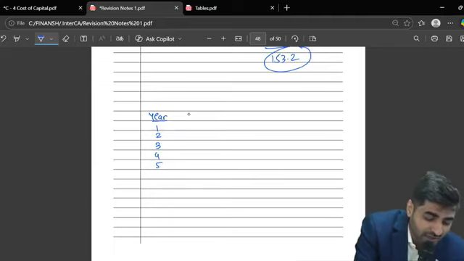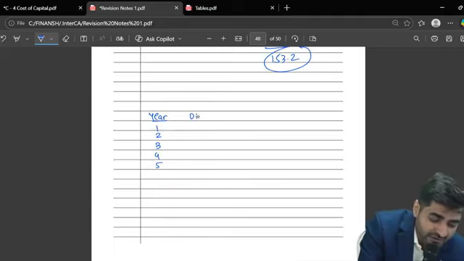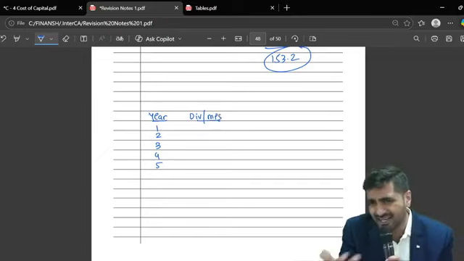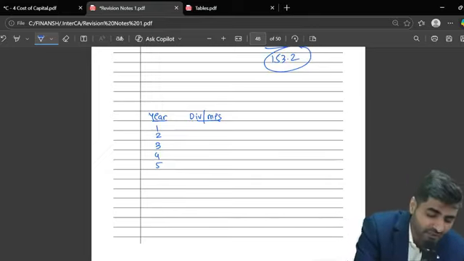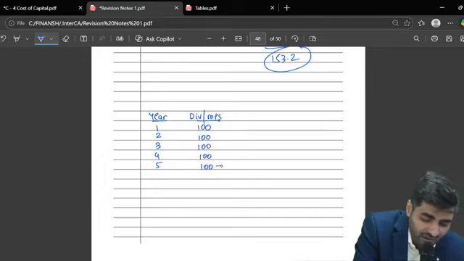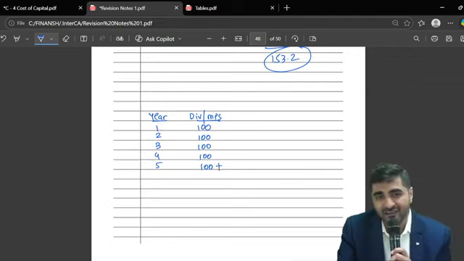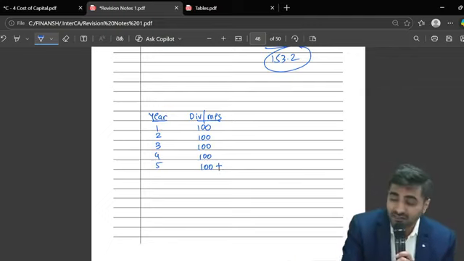That will be nothing but your dividends, and at the end of the 5th year, your market price per share, as you are selling it. Every year, how much dividend are you getting? 100 is the dividend: 100, 100, 100, 100, and now at the end of the 5th year also 100. Plus we are selling the share, so there will be some cash inflow. How much is that?